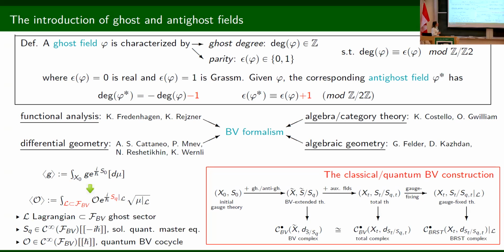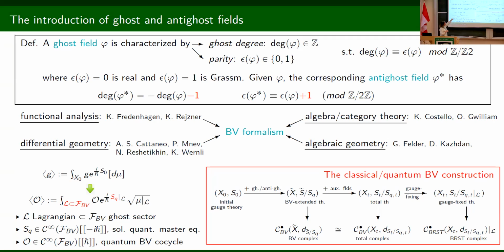So remember that we wanted to deal with an expression like that, some kind of integral on the configuration space of an expression involving our initial action. The idea at the base of this BV formalism is that one can prove that the integral you were interested in actually doesn't really depend on the space where you're integrating, but on the homotopy class of that space.